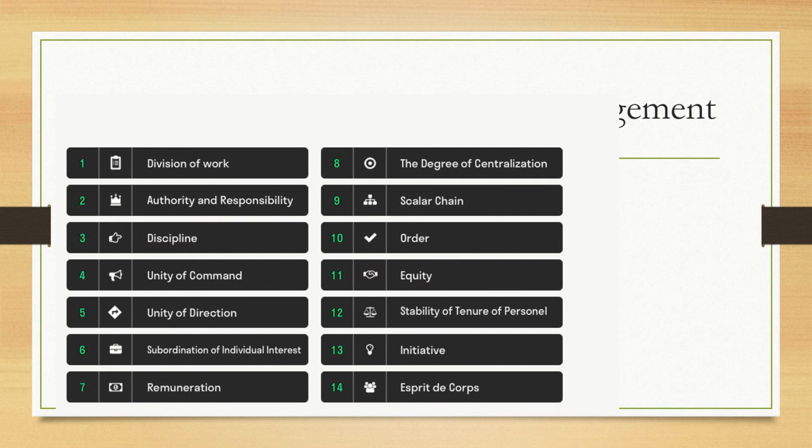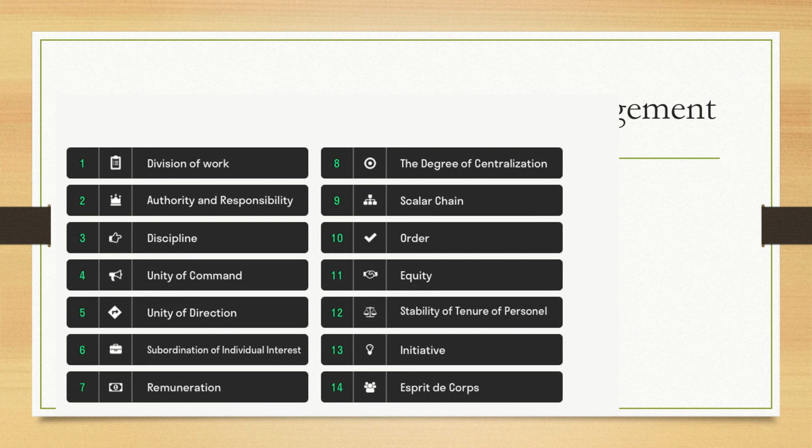Fifth, unity of direction. Sixth, subordination of individual interest. Seventh, remuneration. Eighth, degree of centralization. Ninth, scalar chain. 10th, order. 11th, equity. 12th, stability of tenure of personnel. 13th, initiative. 14th, esprit de corps.